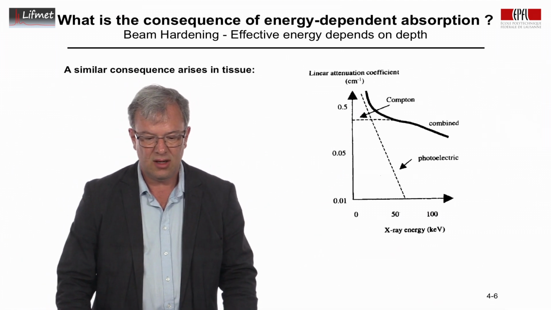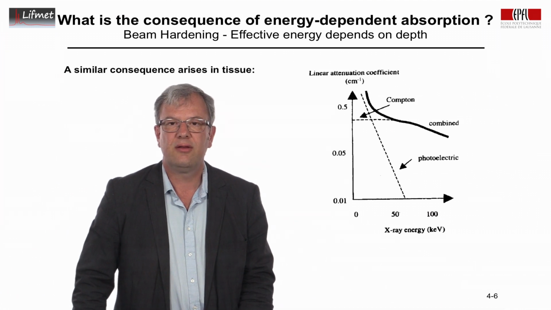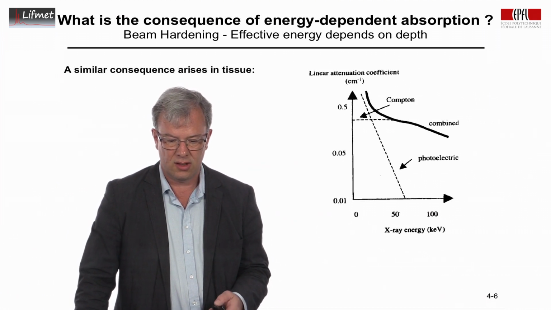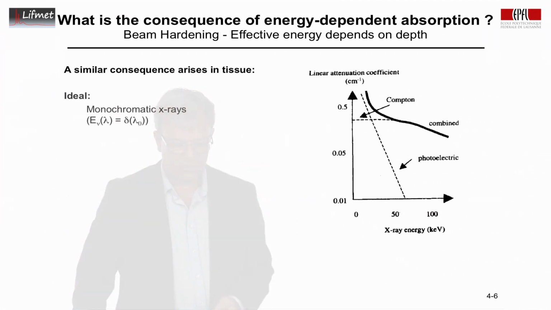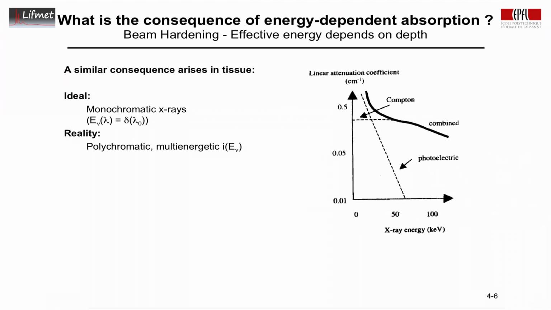Now, what does this mean for the real world? Let's look at what we would have ideally. Ideally, we would have monochromatic X-rays. With monochromatic X-rays, we would be at this position. We would have a uniform absorption of the X-ray. The photon energy does not change. But in reality, we have polychromatic, multi-energetic X-rays.